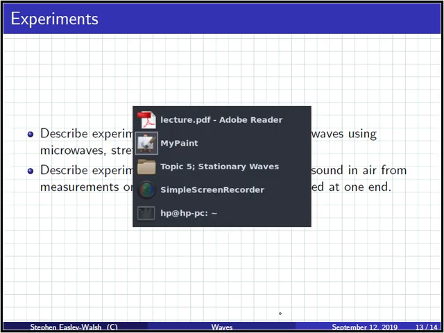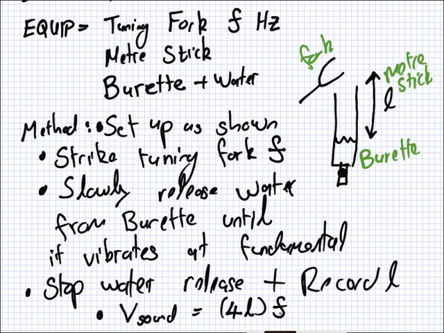The only difference is you would simply stop. Just don't do the last step. Because as soon as you do this step, you're showing that there's a stationary wave inside of it when it vibrates. Do you understand? So this experiment is good for both.